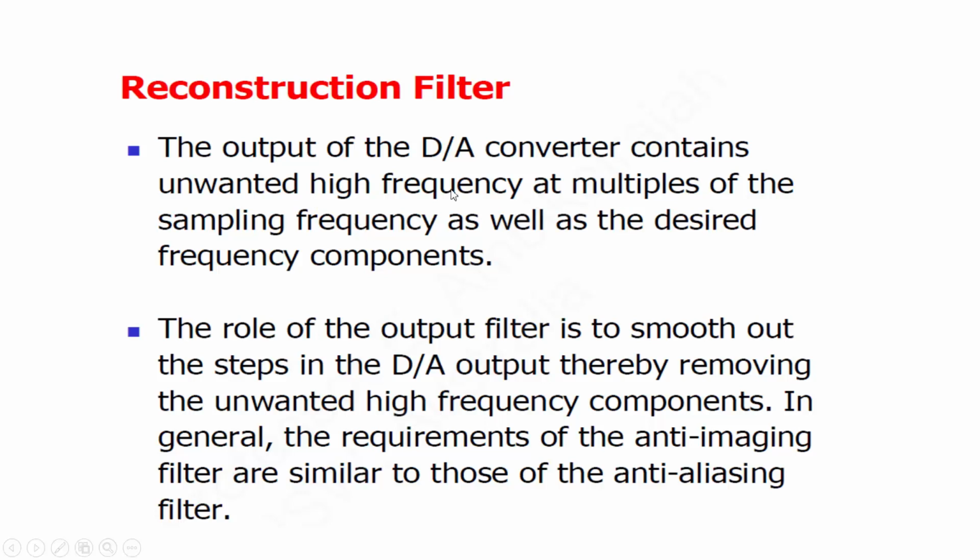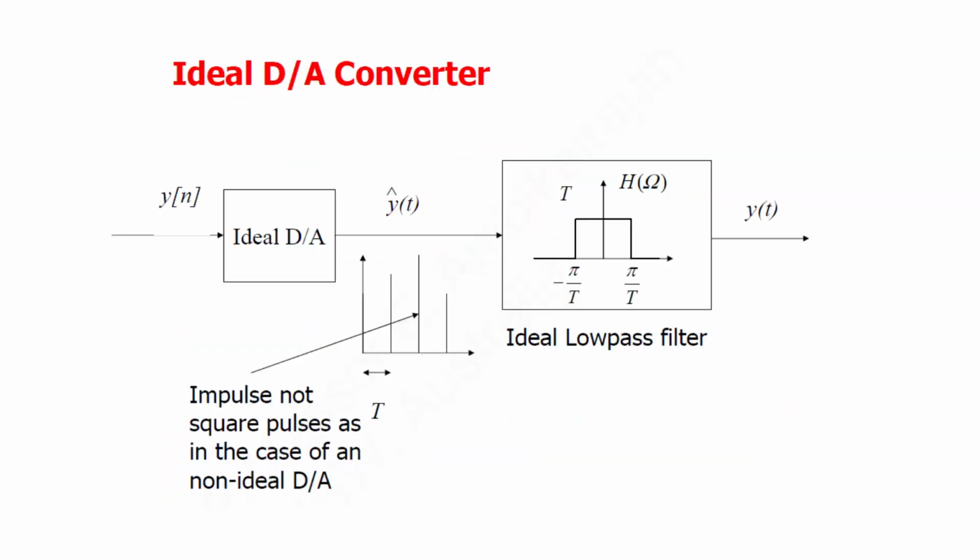But at present, this reconstruction filter will be called the anti-imaging filter. All right, so let's see how this filter can smooth out the output voltage of the DAC. If you look at the ideal D2A converter, the output should be impulses rather than that staircase voltage.